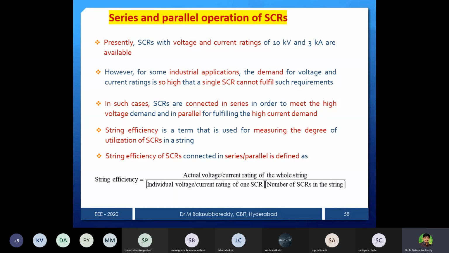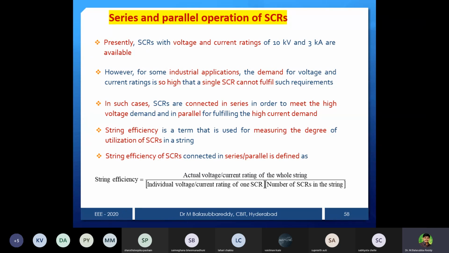String efficiency is the actual voltage or current rating of the whole string divided by n, the number of SCRs in a string, whether series or parallel, times the individual voltage or current rating of one SCR. So the formula is very straightforward. For series operation, string efficiency is the actual voltage rating of the whole string divided by the individual voltage rating of one SCR times the number of SCRs in series.